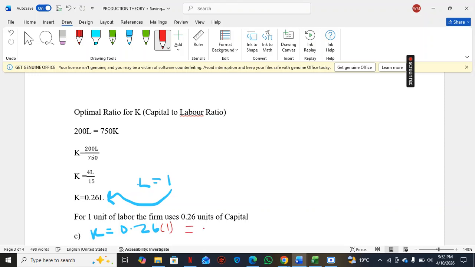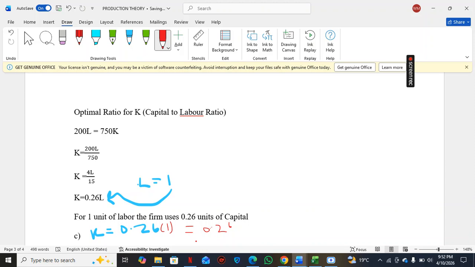You get 0.26. Okay. So for 1 worker, the firm uses 0.26 units of capital. Or if you want to bring in 1 worker, you need to get rid of 0.26 units of capital. That's what the optimal ratios are.